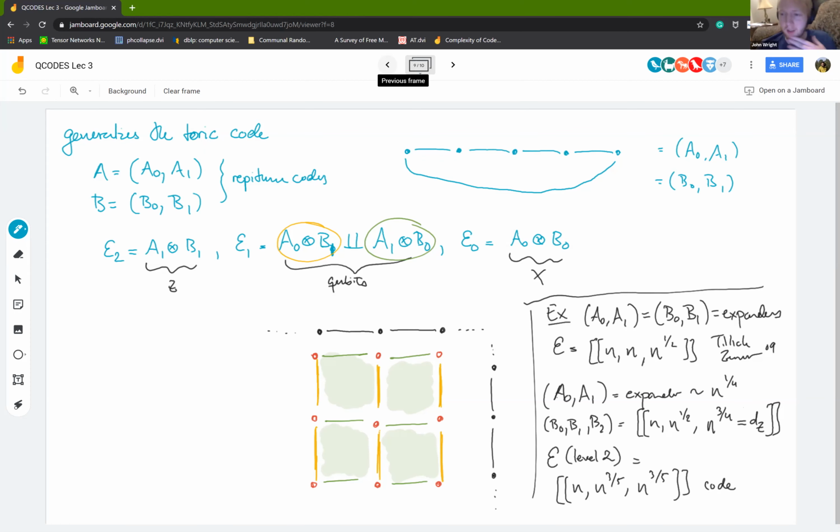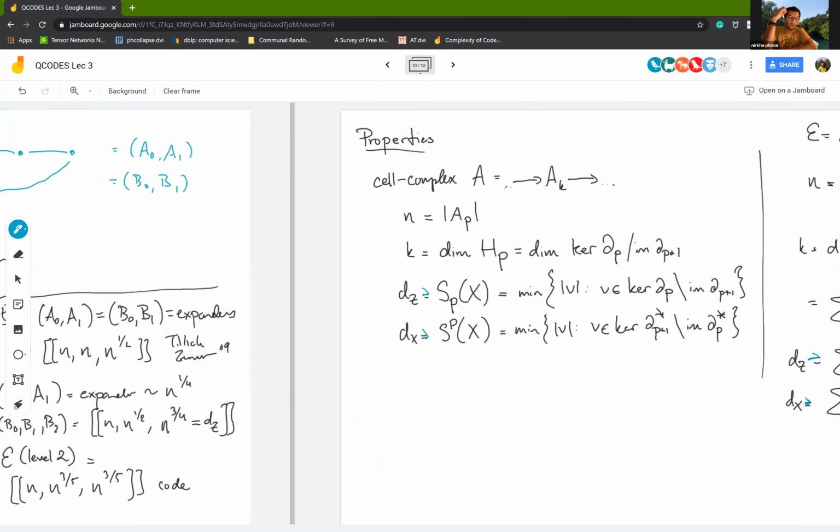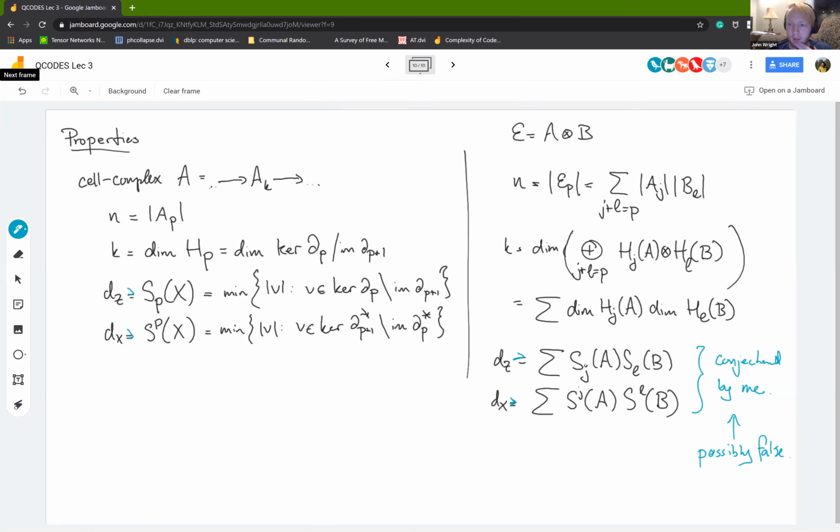Cool. I mean, if people really want to see the fiber bundle stuff, that'd be cool. But I think it might also just be a good stopping point for today, since we've gone for a bit. The fiber bundle you should think of as kind of like this hypergraph product, but with a twist.